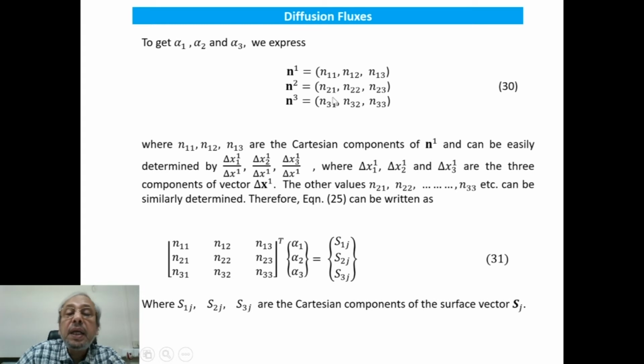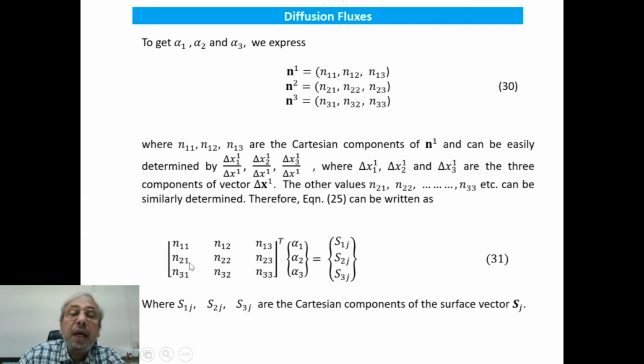In a similar way, n21, n22, n23 are Cartesian components of unit normal vector n2, and n31, n32, n33 are the Cartesian components of unit normal vector n3.